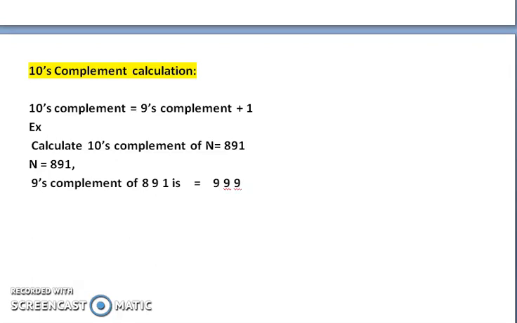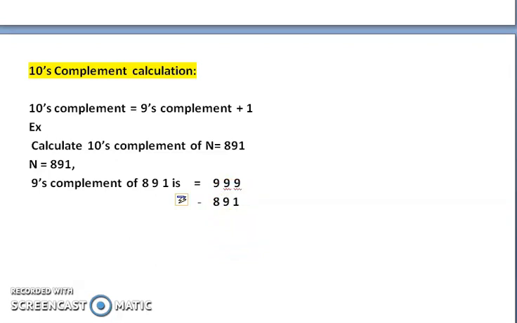So subtract 891 from 999. What is the value?